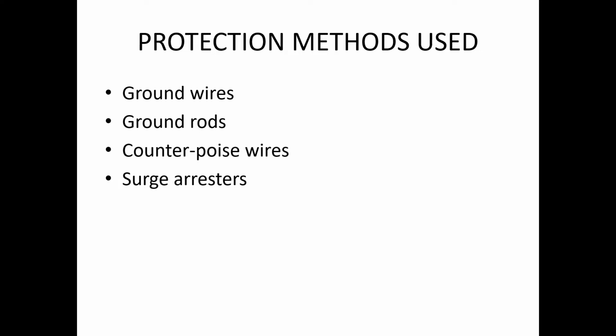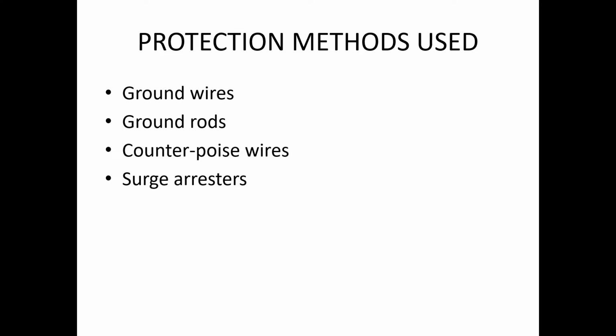It may be due to internal surges or external surges. Internal means switching surges due to on and off operation, capacitor banking operation and so on. External causes mean lightning and so on.